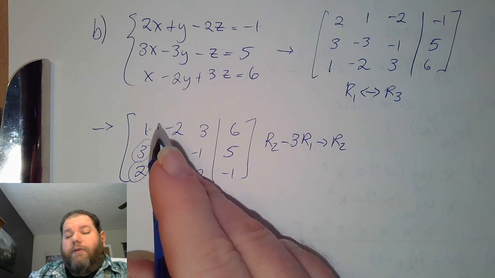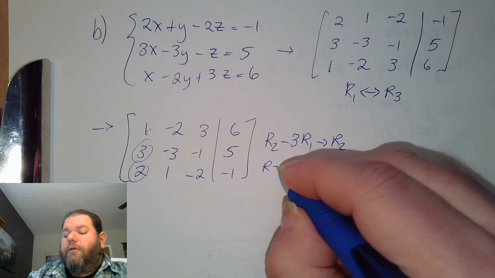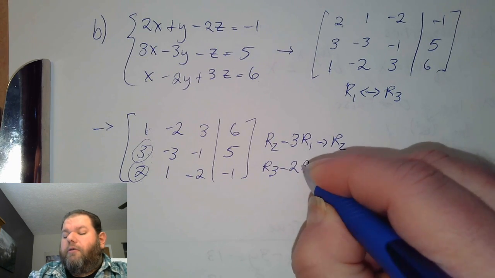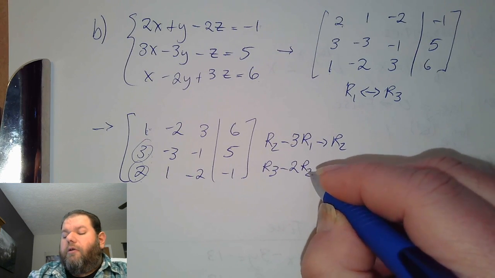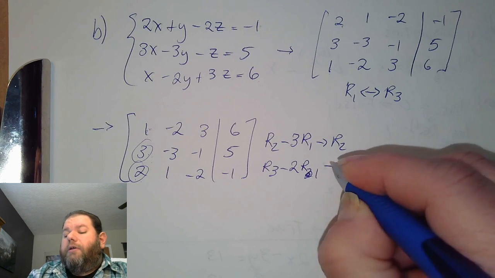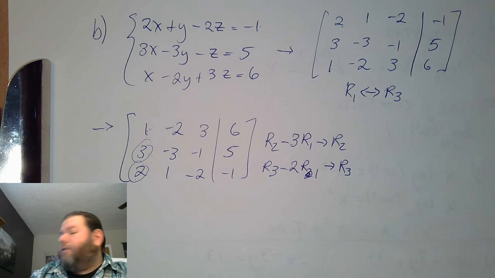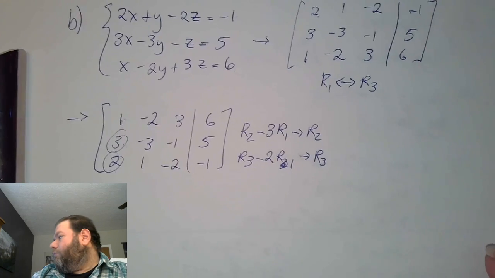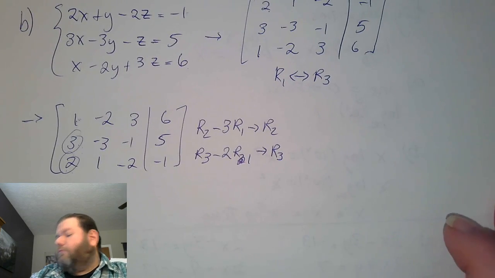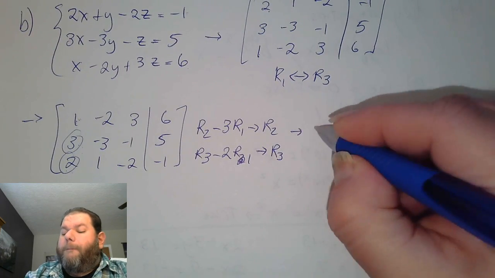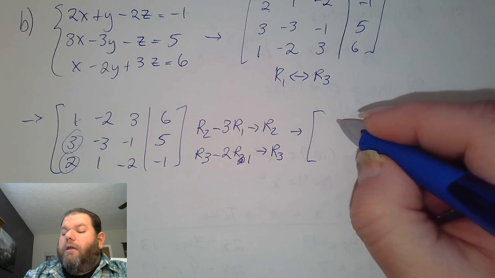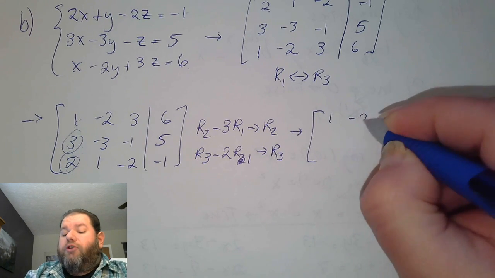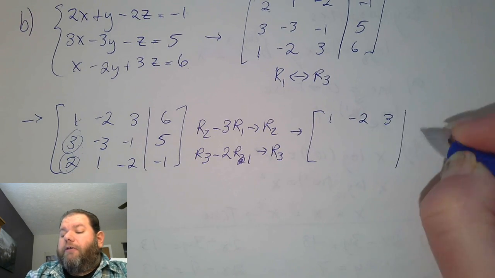That'll give us 2 minus 2. Now, in all of this, row 1 is unchanging, so we can just write that down again.